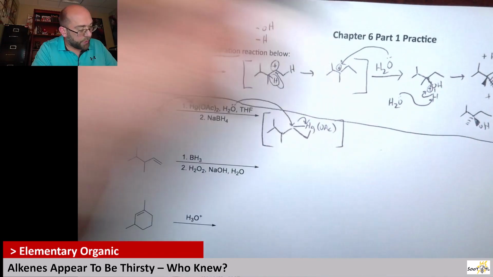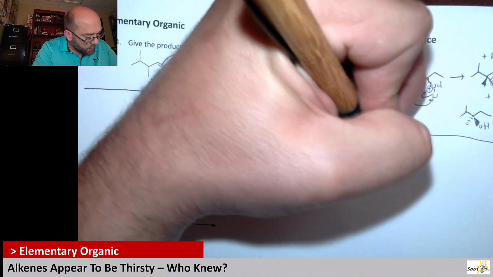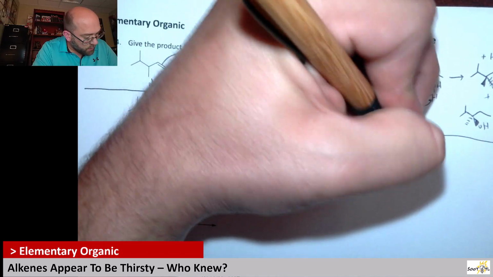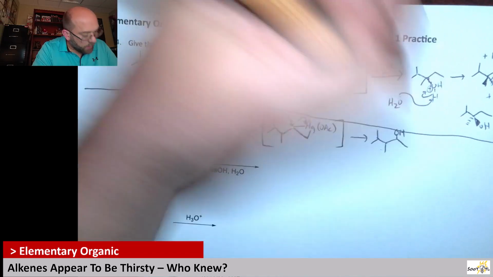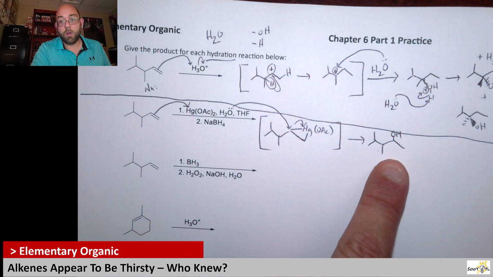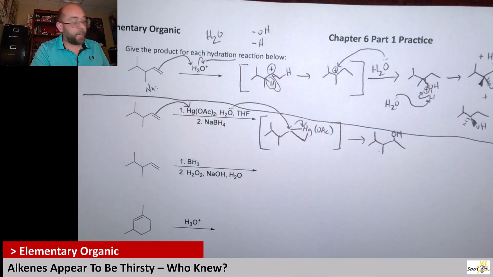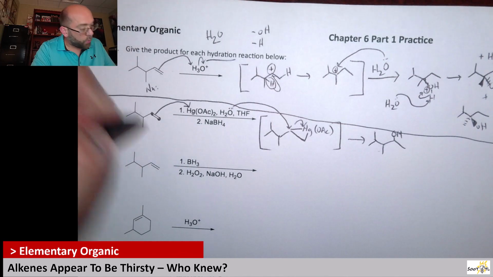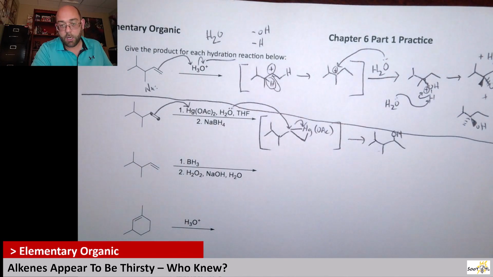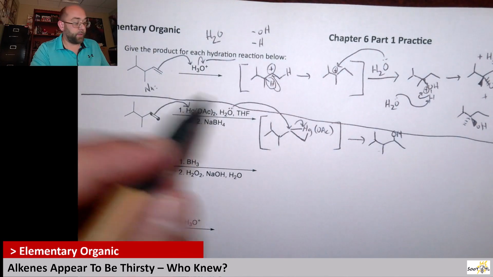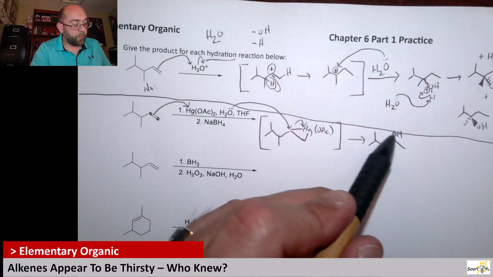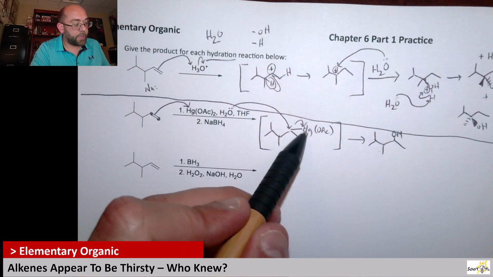So what you're going to get here is that specific alcohol. It didn't undergo rearrangement, and it stayed with one of the two original carbons of the alkene. The sodium borohydride is what helps get rid of the extra mercury and helps kick it off.